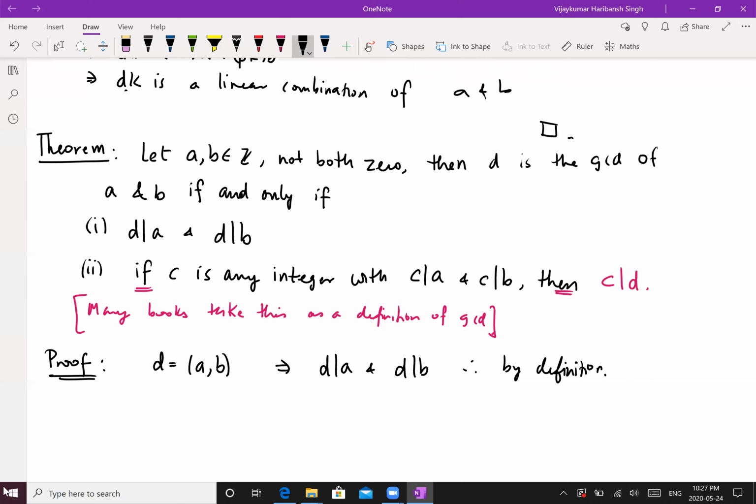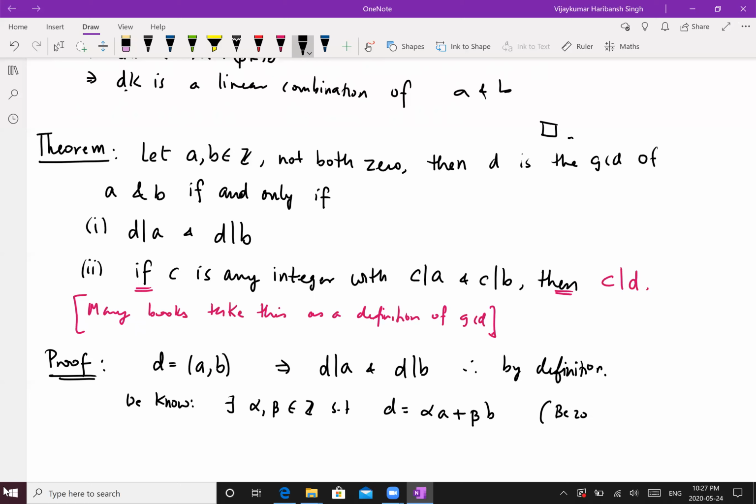So the first part is okay. Now we also know that there exist alpha and beta belonging to Z such that D equals alpha A plus beta B. Why?